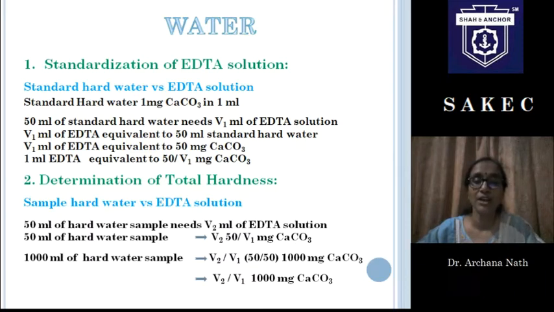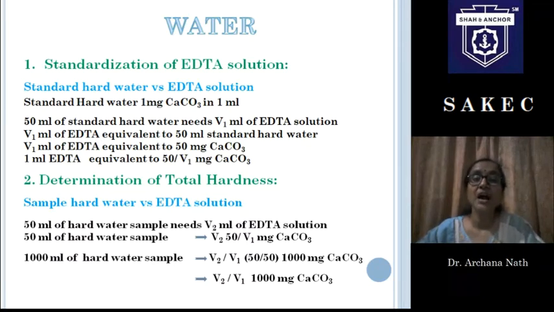So that we obtain. Now we have to find out what it is for 1000 ml of hard water, because hardness we always express as milligram of calcium carbonate per liter, milligram per liter. That's why we have to convert it into 1000 ml. Please remember this step.